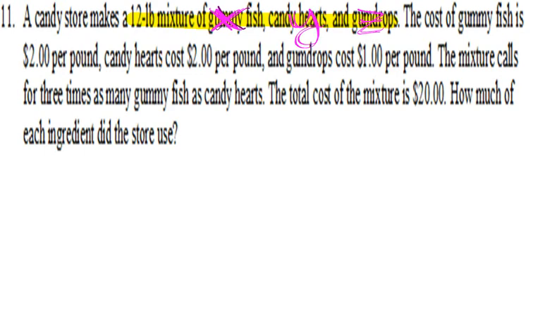The cost of the gummy fish is $2 per pound. So gummy fish is our X, right? So the gummy fish is $2 per pound, so it's going to be 2X. We'll let X represent the number of pounds. So candy hearts are $2 per pound. So our candy hearts is Y, so again, 2Y.